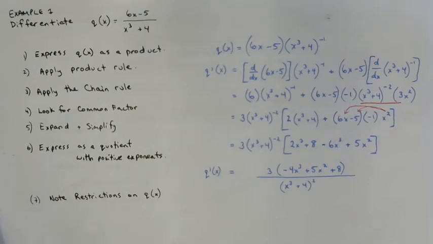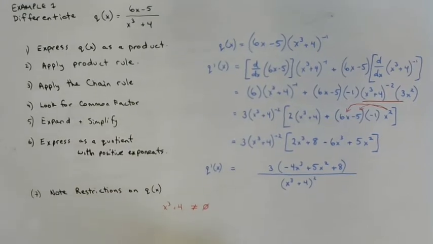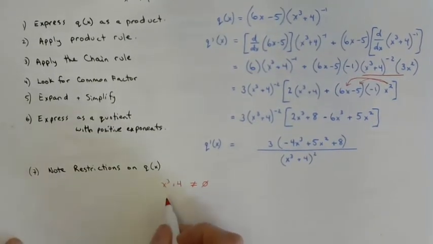So q of x has x cubed plus 4 in the denominator. So since the denominator can't be 0, x cubed plus 4 can't be 0. Subtract 4 from both sides. X cubed cannot equal negative 4.